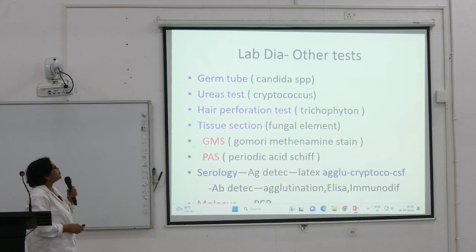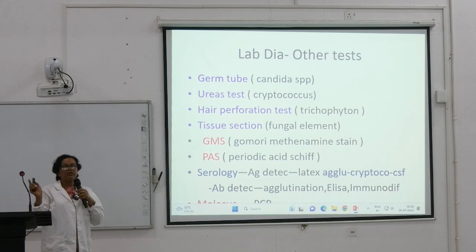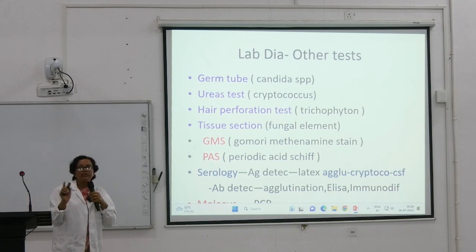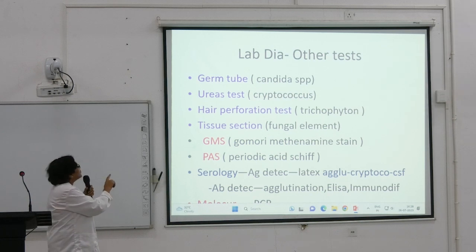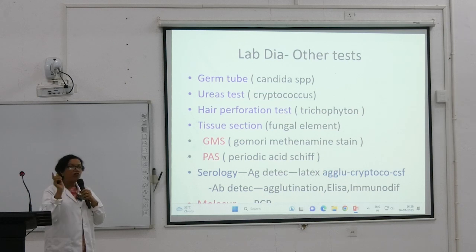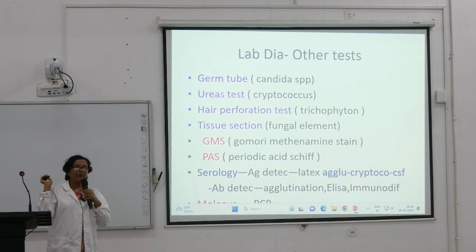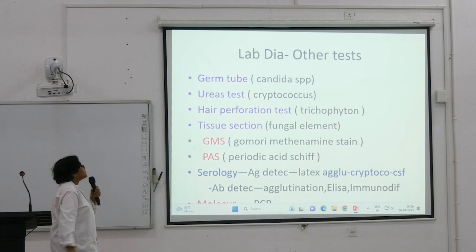Urease test: in bacteria, you know, Klebsiella is urea positive. Here also urea positive in Cryptococcus. So for Cryptococcus, we have to go for India ink preparation, then the biochemical urease test.